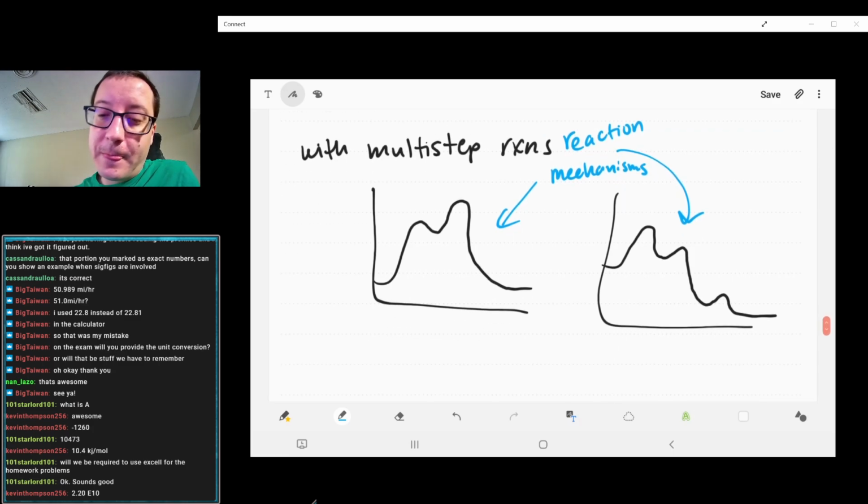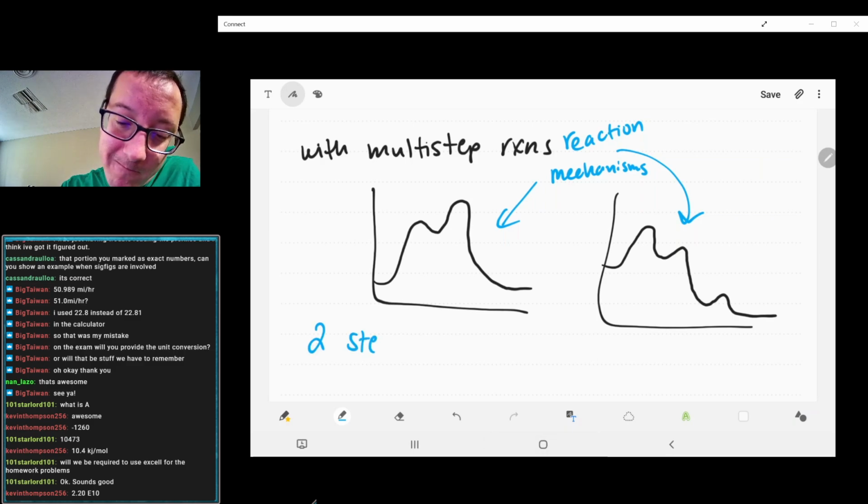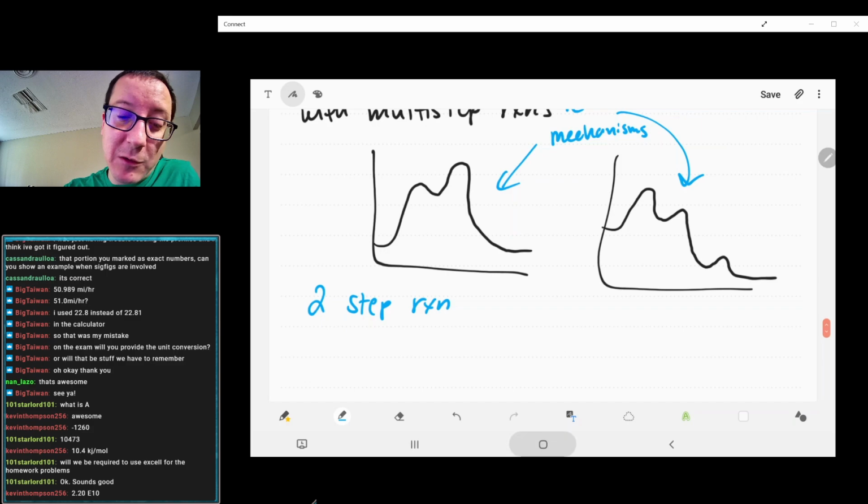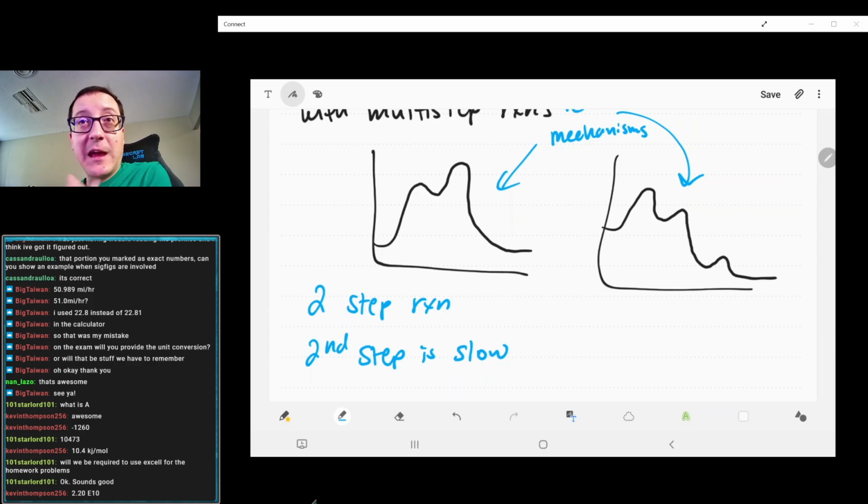For example, this particular graph would correspond with a two-step reaction, where the second step is the slow step. We're going to be able to look at reactions and come up with information like this.